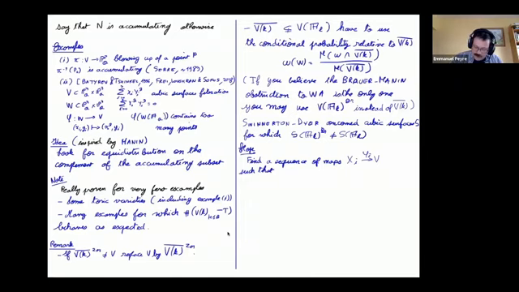Such that at each step, the image of the rational points is accumulating, or I should say more precisely, the points are accumulating in V(k) minus the union for j less than i of the image of the rational points over x_j.